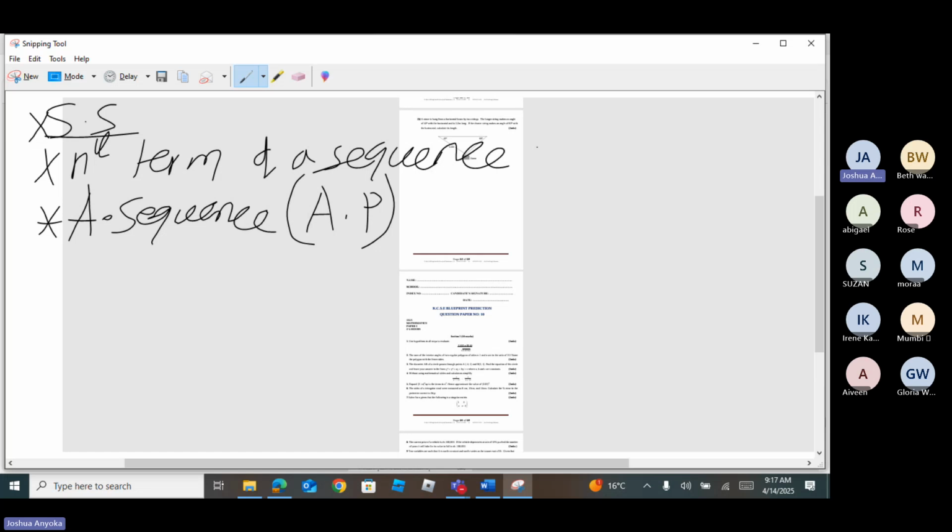In this arithmetic sequence, we are supposed to know 2 things. The first thing is the nth term, which is always equal to a plus n minus 1 d, where a is the first term, n is the number of terms, and d is the common difference.